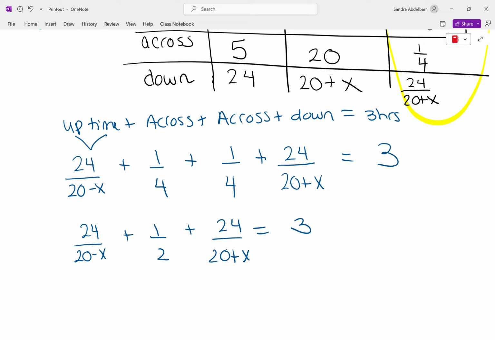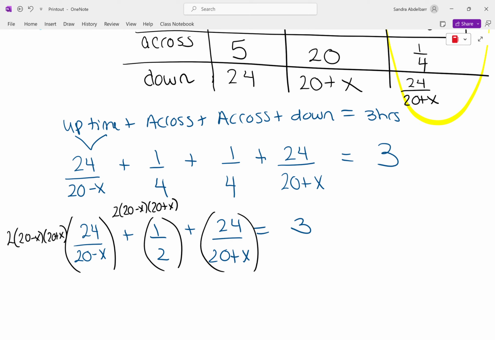Let's simplify this more so we can have even smaller numbers to deal with. So instead of multiplying by 4 times the quantity of 20 minus x times the quantity of 20 plus x, now I can multiply by 2 times the quantity of 20 minus x times the quantity of 20 plus x. Not that it makes that big of a difference, but it's something.